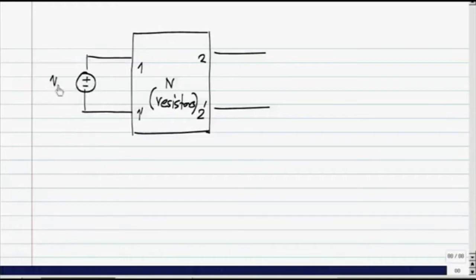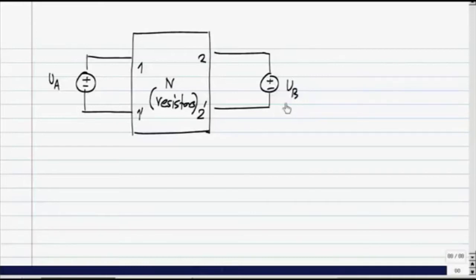And let's say I have connected VA here and VB.